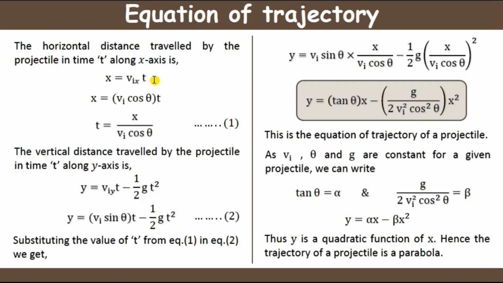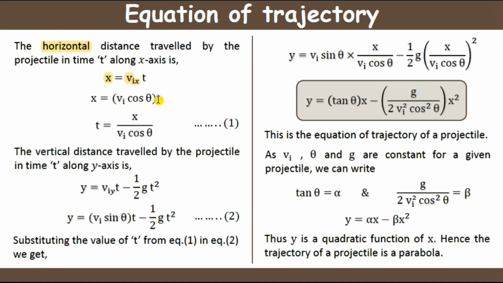Velocity into time. That's the same thing we have here. As it is being represented as the horizontal, then we are using it as the Vx over here, horizontal, and the distance is also along the x, so it's been written as x. Now the horizontal velocity will be given by what? The horizontal component, which is Vi cos theta over here.